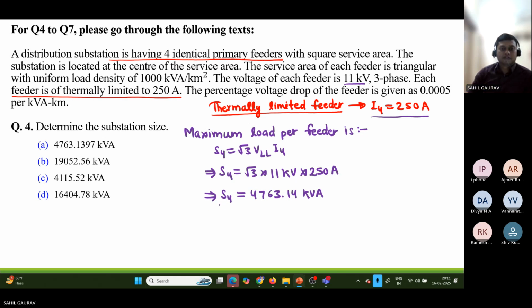S4 is the kVA load served by one of the primary feeders.